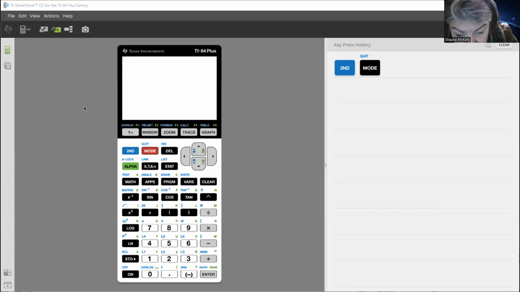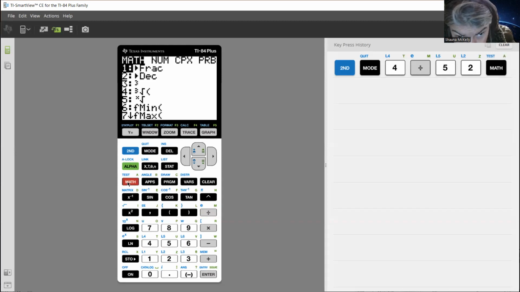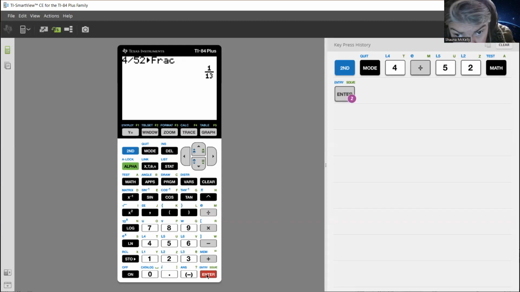If I take 4 and divide it by 52, before I convert it to a decimal, you can use your math, convert to frac, which is number 1, to get your reduced fraction.